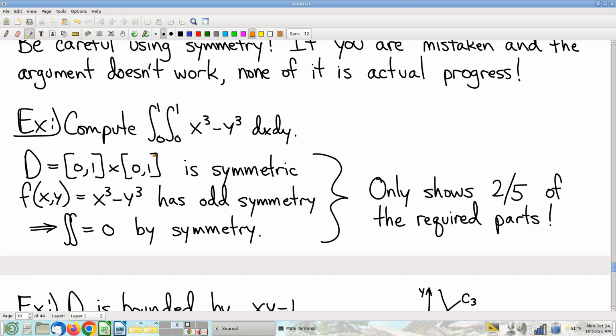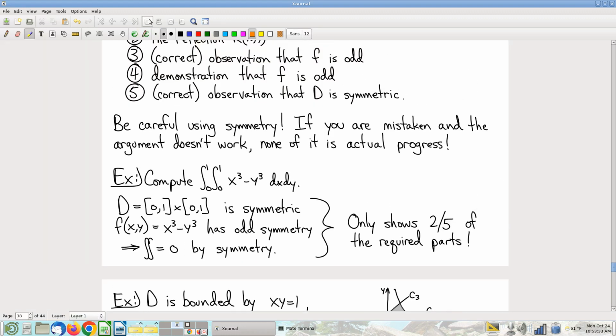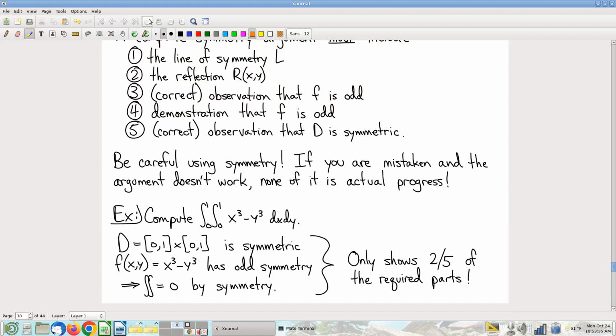So the student claims the integral is equal to 0 by symmetry. This integral is equal to 0, and there is a symmetry argument. But the student has only given me 2 of the 5. The student has told me that the domain is symmetric, and that the function has odd symmetry.